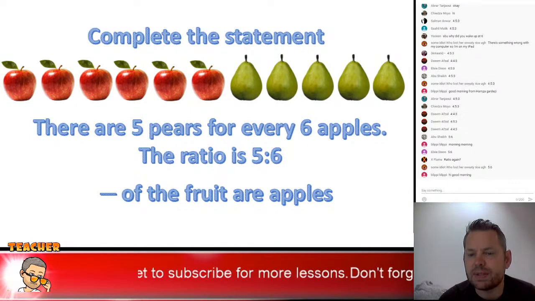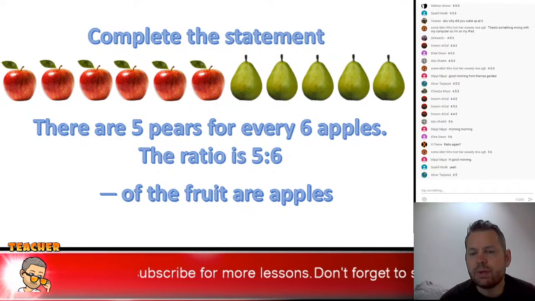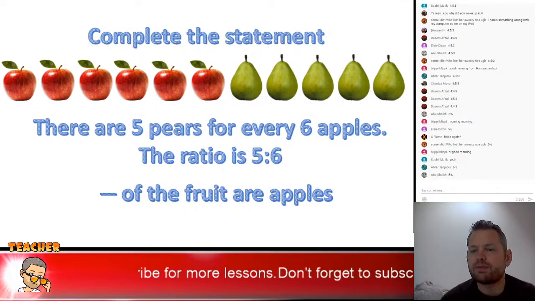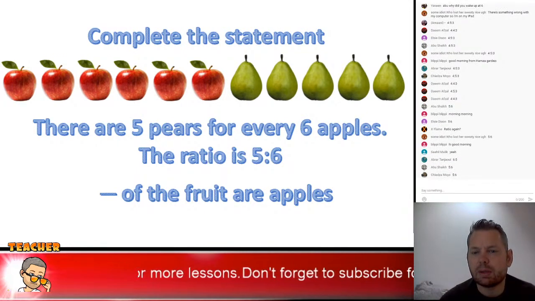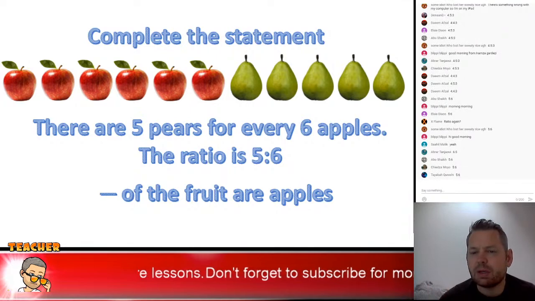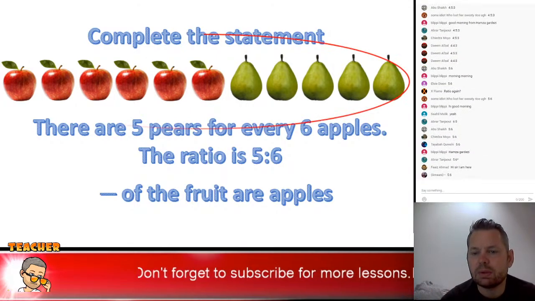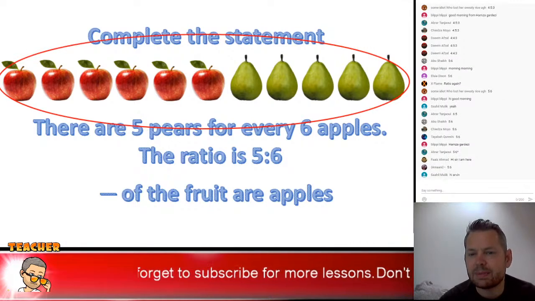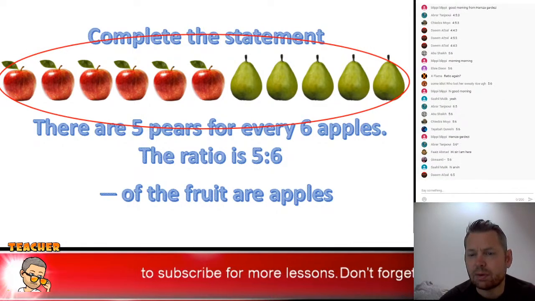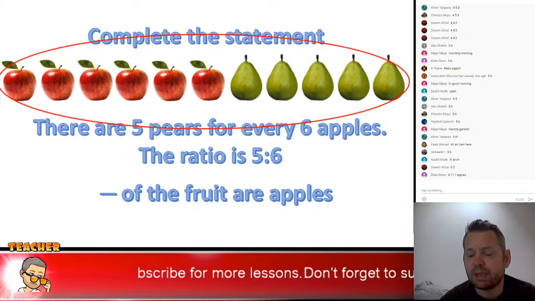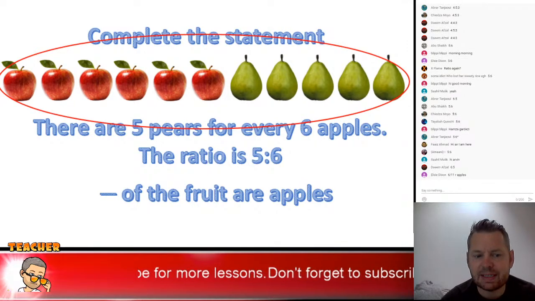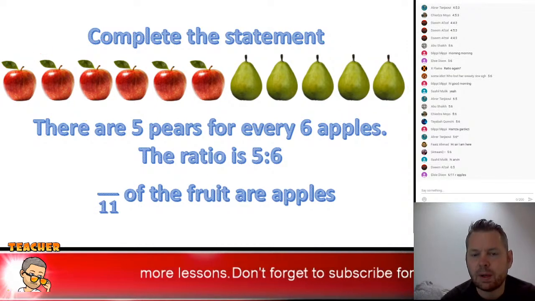Okay, 5 to 6. But then if you remember, we went on to ratios as fractions. So we talked about, well, what is the fraction amount? So we talked about how you need to count all of the items together or add them up. So 5 and 6 becomes our denominator. So 5 and 6 is 11. Okay.